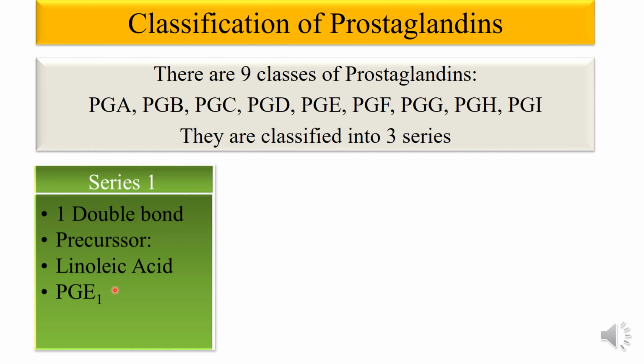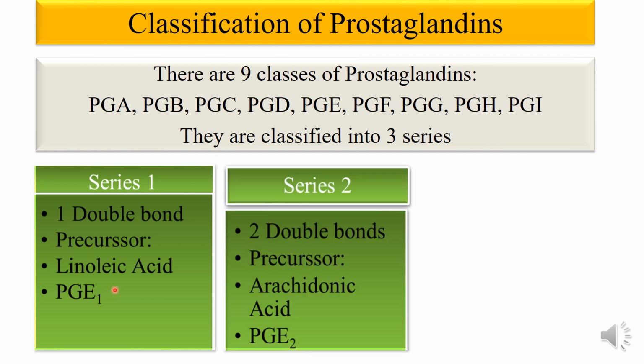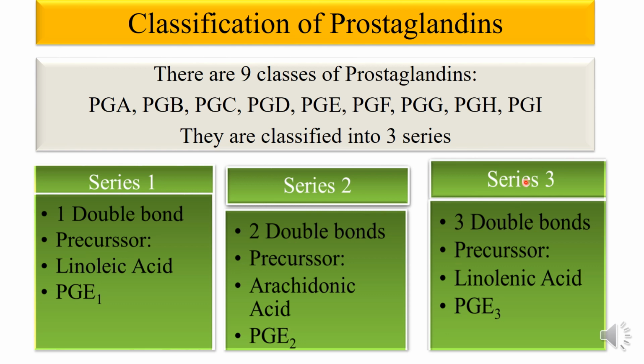Example is PGE1. Series 2, two double bonds, precursor is arachidonic acid. Example PGE2. Series 3, three double bonds, precursor is eicosapentaenoic acid.